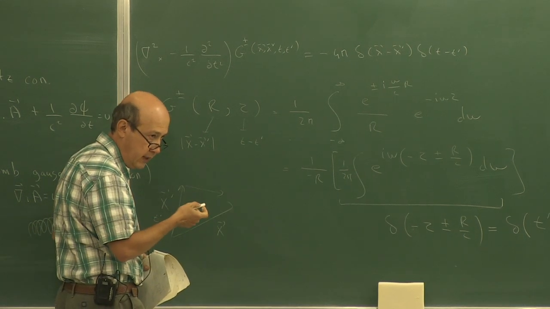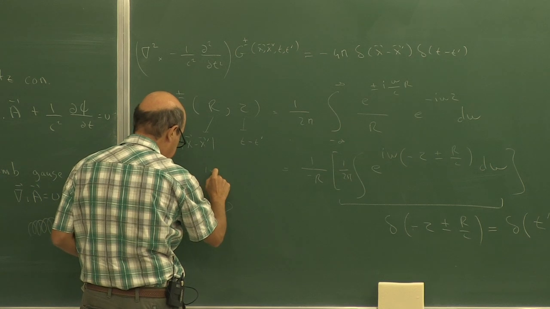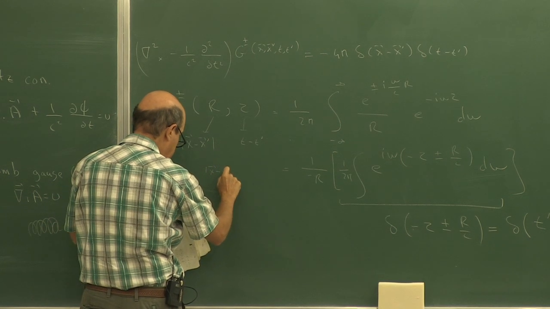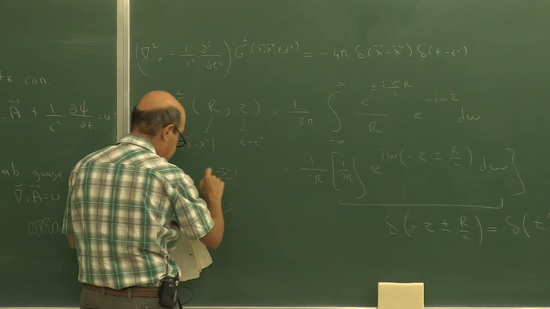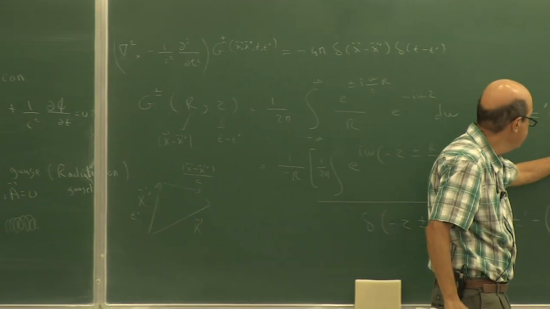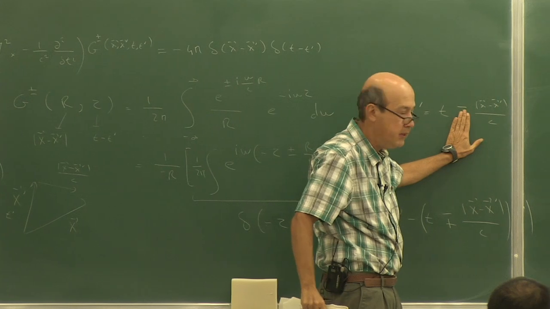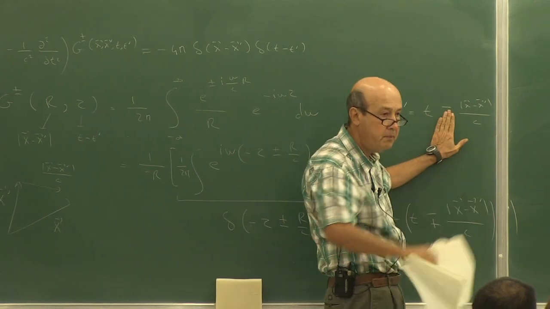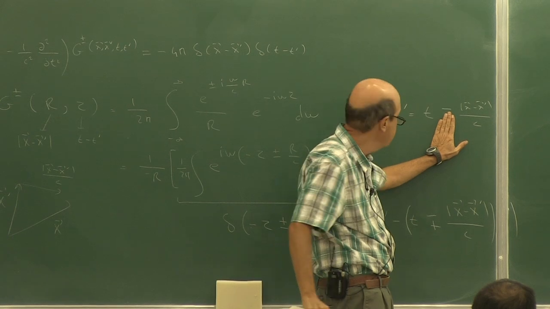Speed of light. Therefore, the time interval from x prime to x is delta x over c. So if you pick this, what is the meaning of the minus sign?